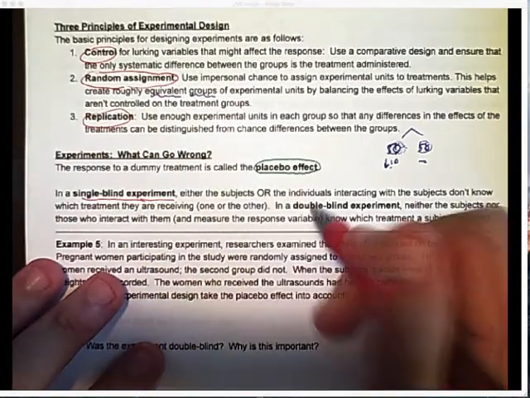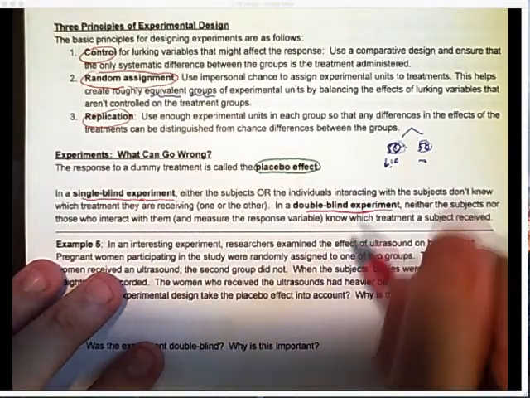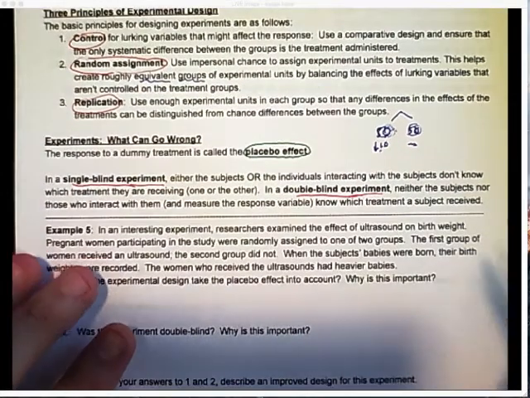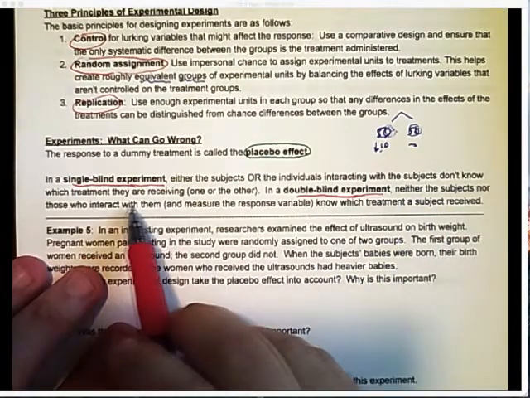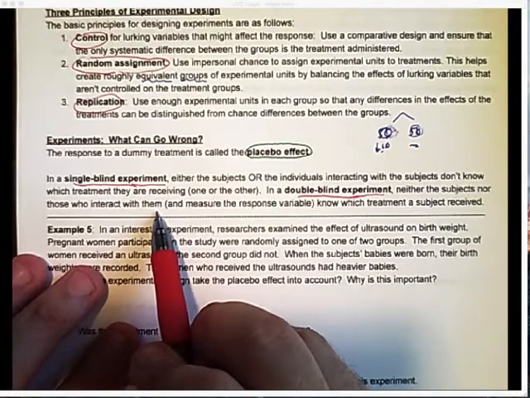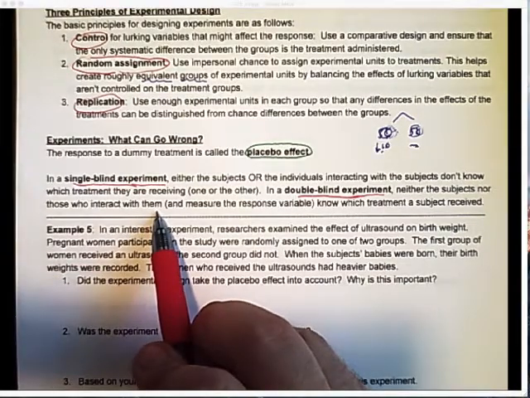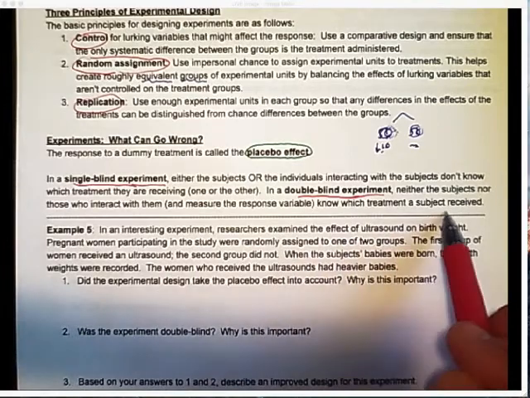If it's a double-blind experiment and I'm administering the drug, neither the people who are getting the real and the fake drugs nor me know which treatment a subject receives.